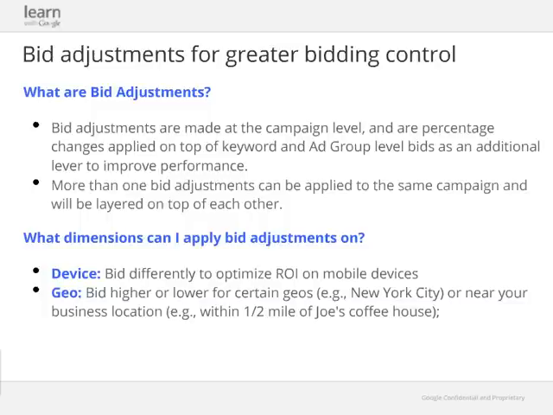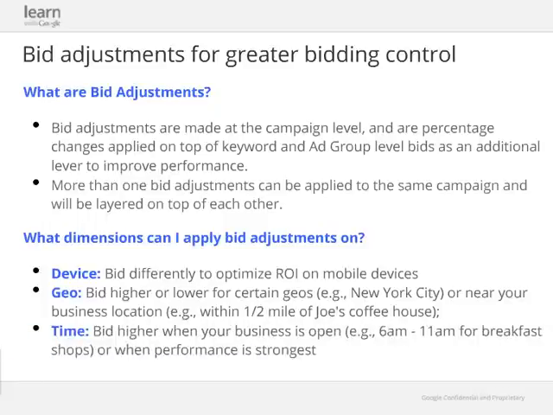And your business location, right? So within half a mile or half a kilometer of Joe's Coffee House, or the example I gave in the last slide, bidding for half a kilometer for users within the Sydney Opera House, so you really want them to come to your bar or restaurant. So same thing here. Let's move on to the next slide.